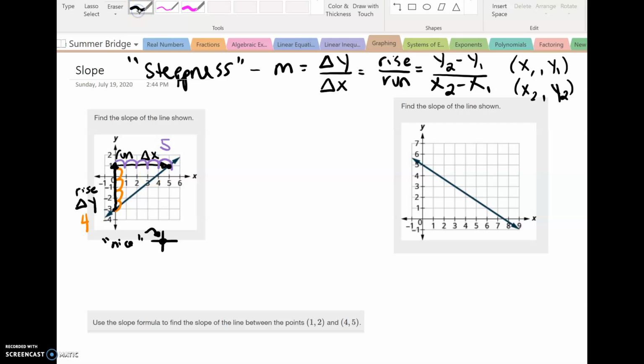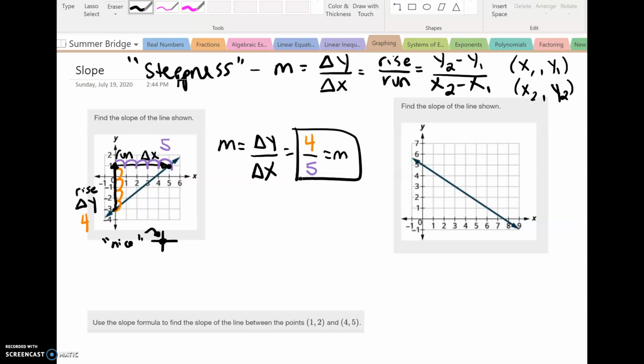So if I again have this slope equaling the change in Y over the change in X, what I'm really looking at is I'm going 4 units up and 5 units to the right. And this right here would represent my slope.